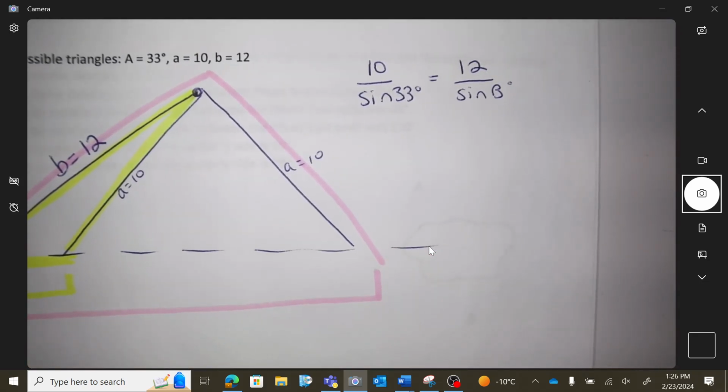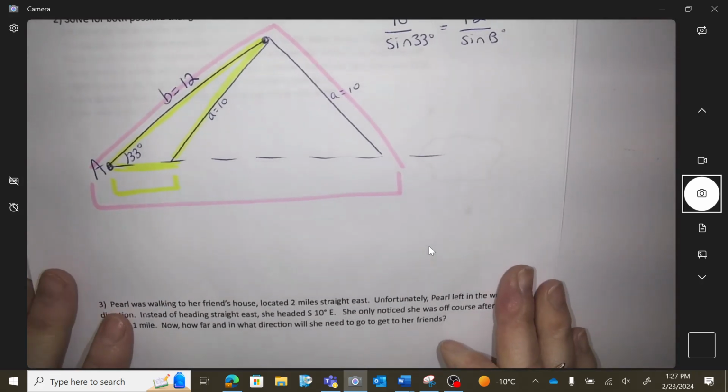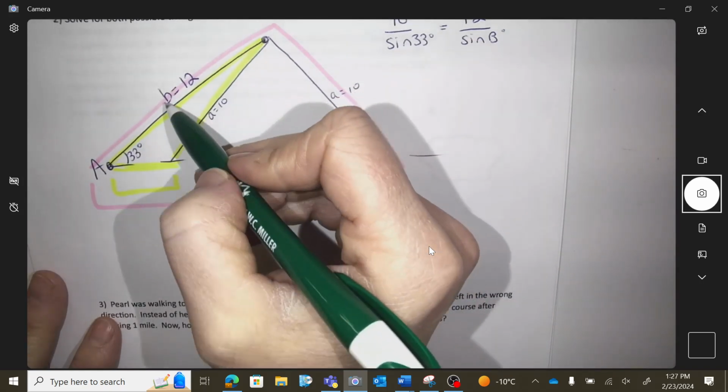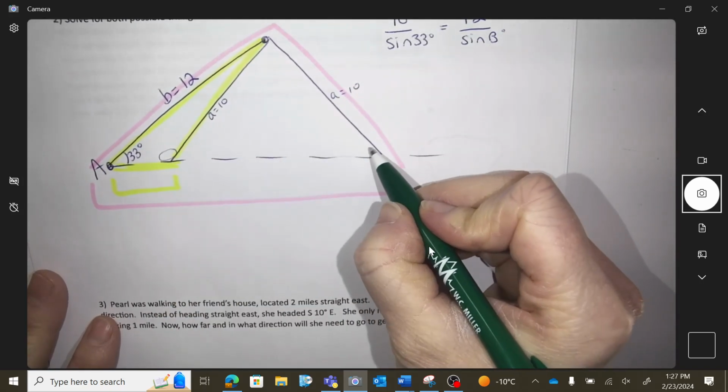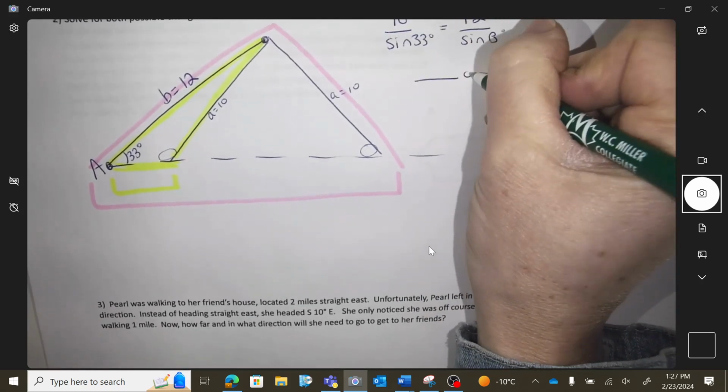10 and 33 are across from each other, and then 12 is across from what angle? So you should know this, across from 12, there's two options.